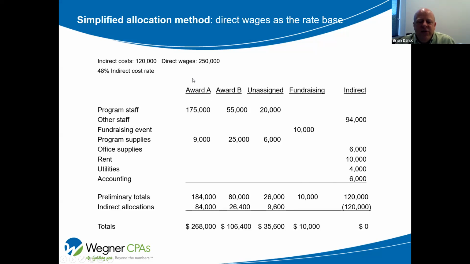You have to allocate it to all the categories that had direct wages. In this case, you have the awards and the unassigned amount. So the result is, under this method, we have award A of 268 and award B of a little over 106.